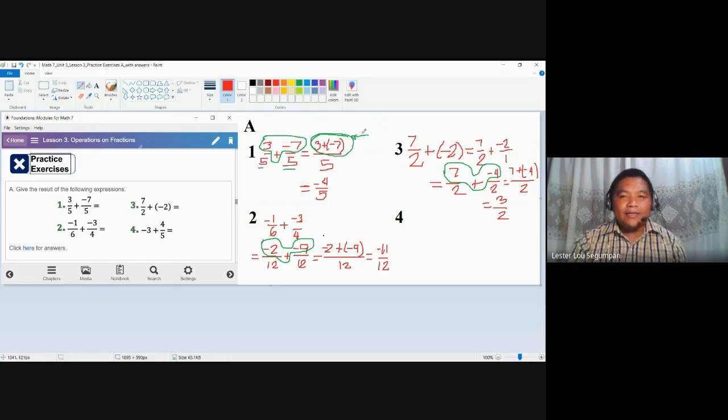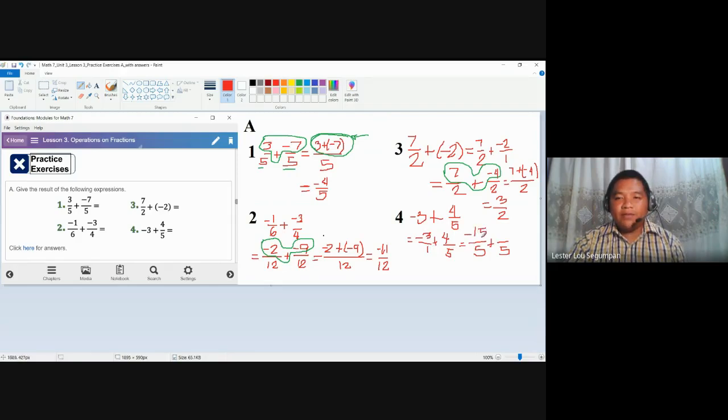As for the last item, you have here negative 3 plus 4 fifths. So again, negative 3 can be expressed as negative 3 over 1 plus 4 fifths. These dissimilar fractions now, we need to make them similar with denominator 5. From 1 to 5 is multiplied by 5. We also multiply the numerator by 5.